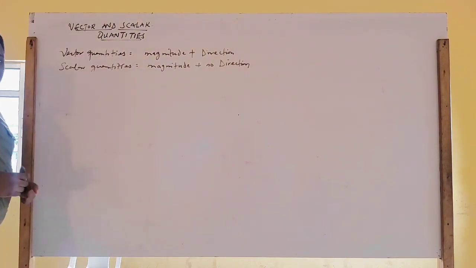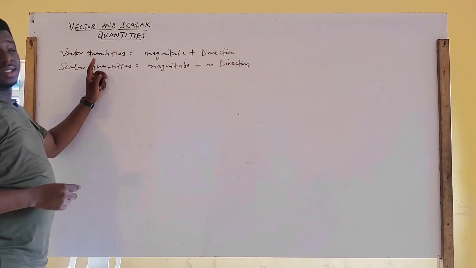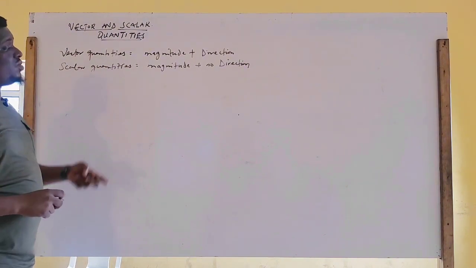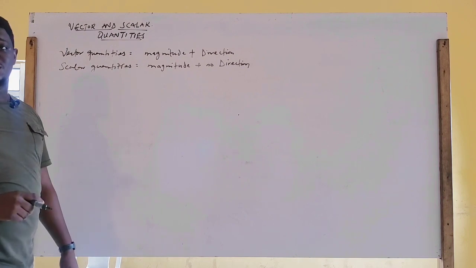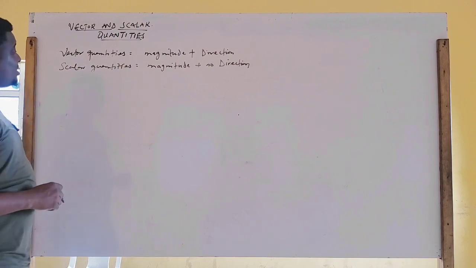So when you talk about quantities with magnitude and direction, you talk about vector quantities. And when you talk about quantities with magnitude but no direction, we talk about scalar quantities.